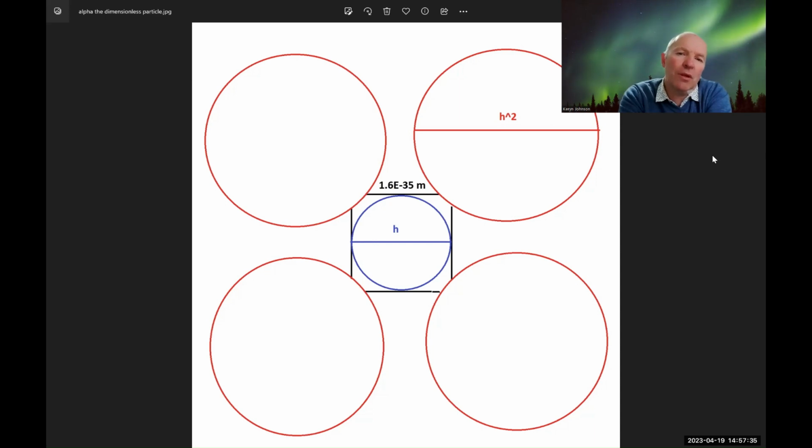And so here we have an inverse square law relationship with H. Remember I talked about the H squared, and so the square root of H gives 4e to the negative 18.